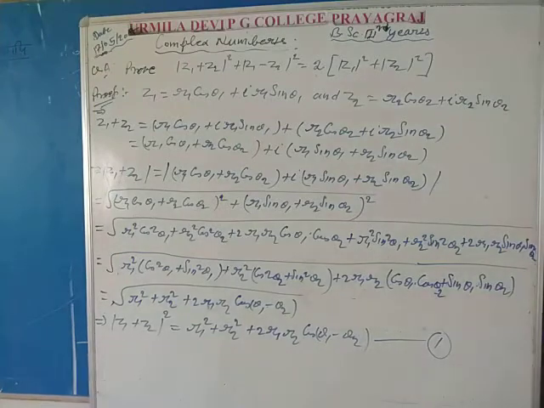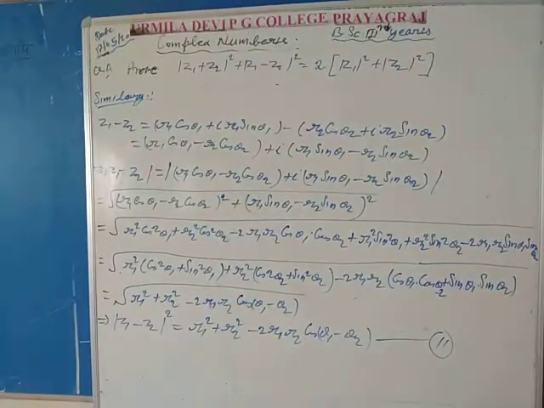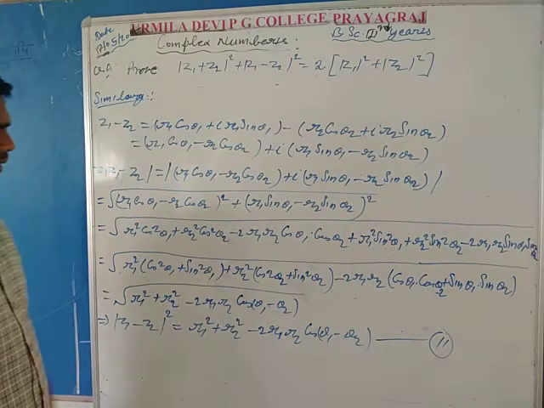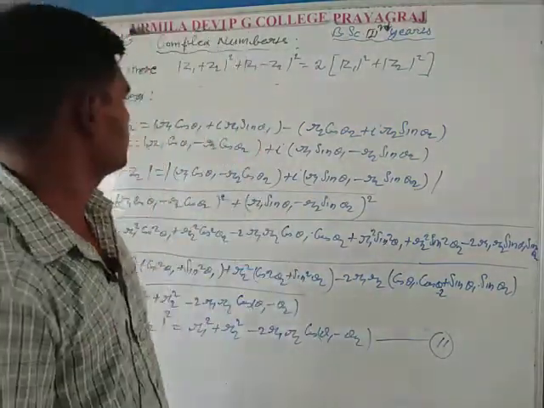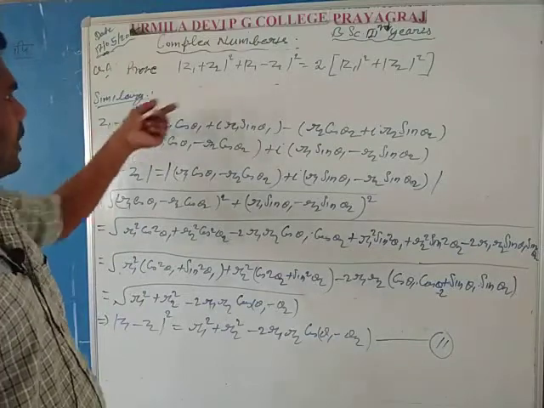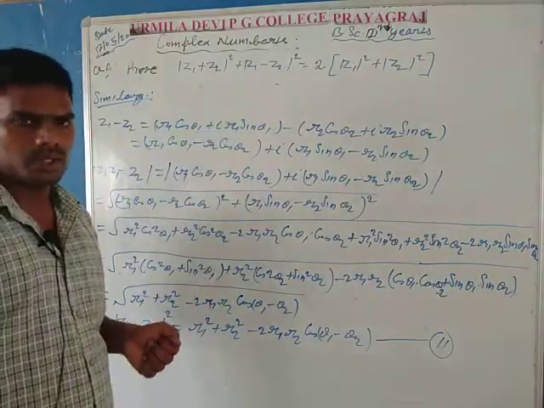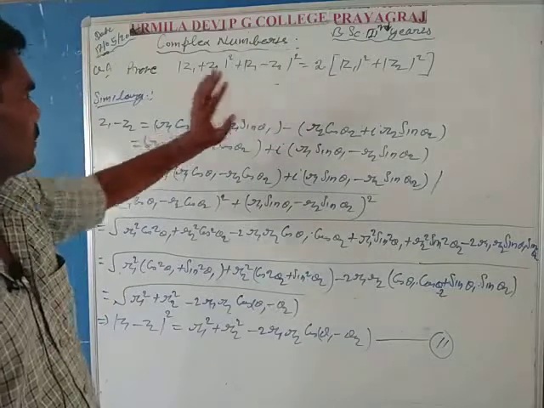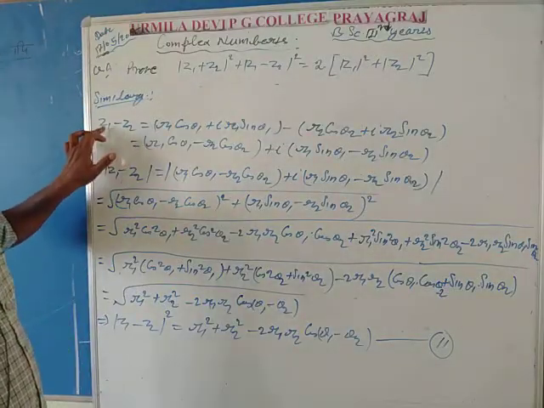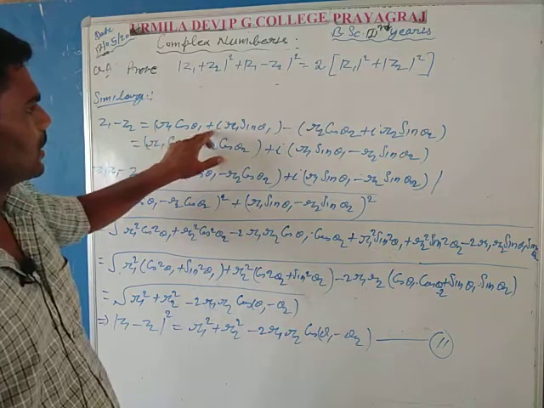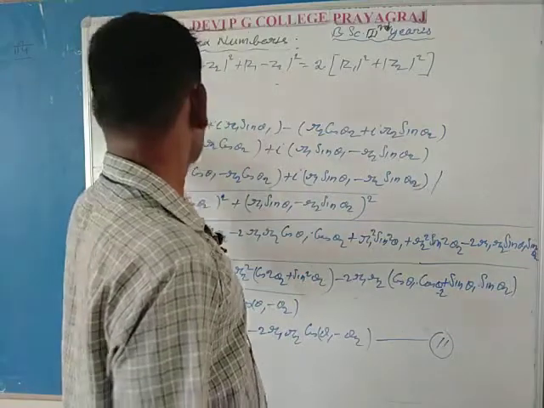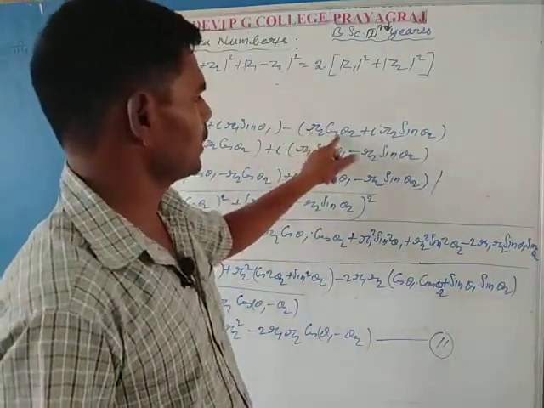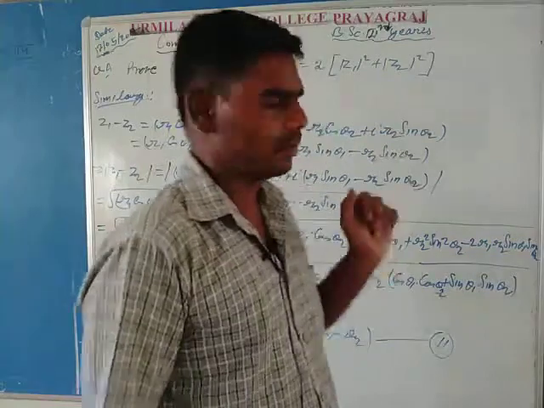Now consider next, similarly to equation first, we can prove the value of mod Z1 minus Z2 whole square. For this Z1 minus Z2, putting the value of Z1 as R1 cos theta 1 plus I times R1 sin theta 1, which is already known, and Z2 equal to R2 cos theta 2 plus I times R2 sin theta 2.